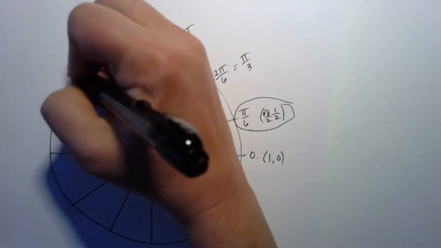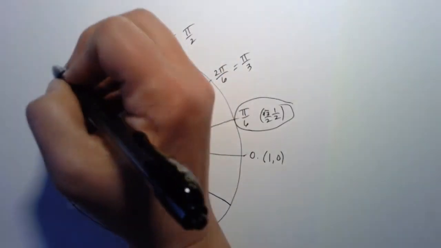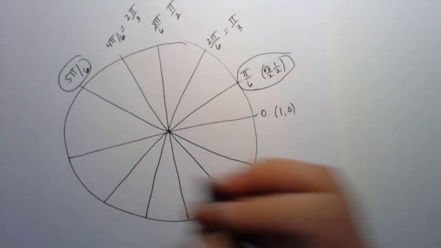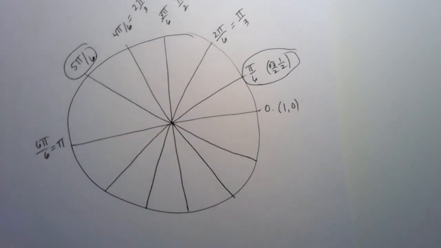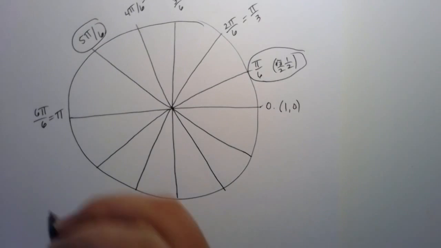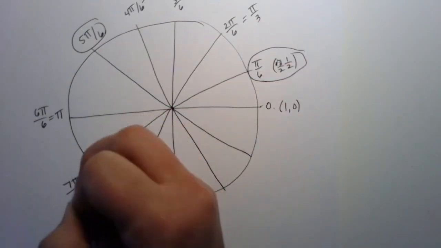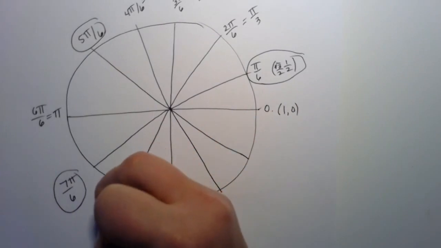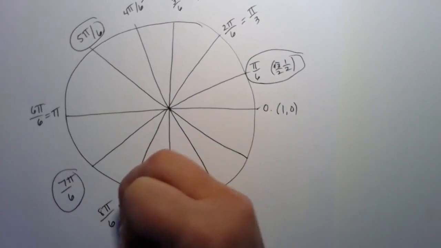Over here is 5 pi over 6. Now that one is simplified, so we do need to talk about this one. Then over here, 6 pi over 6, which is the same thing as pi, which we already know. Over here is 7 pi over 6, right, which we need to talk about. This one down here is 8 pi over 6, which is really 4 pi over 3.